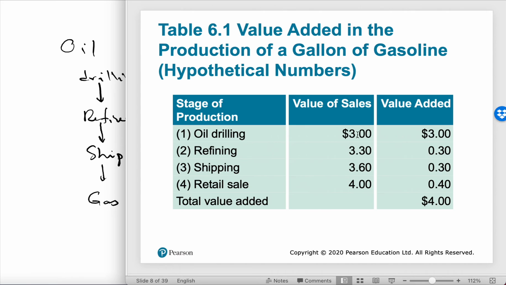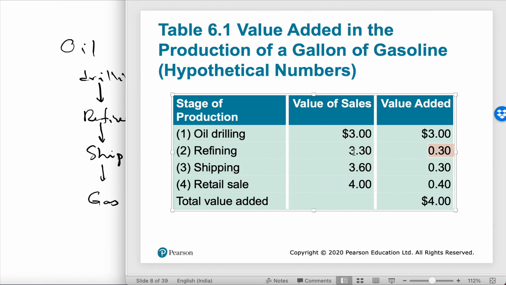In the second stage, the refineries buy it for $3, but they do the process of separating the different petroleum product cuts, and they sell each liter of petroleum products for $3.3. So this is the sale value, and the intermediate value they use is $3. The subtraction of them becomes 30 cents for every unit of their product.